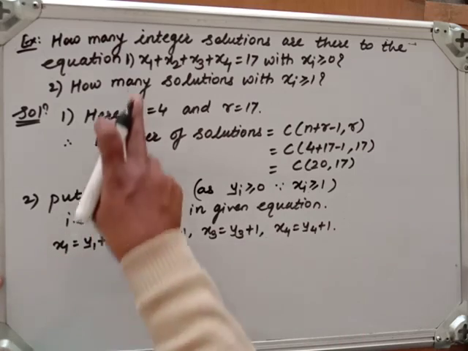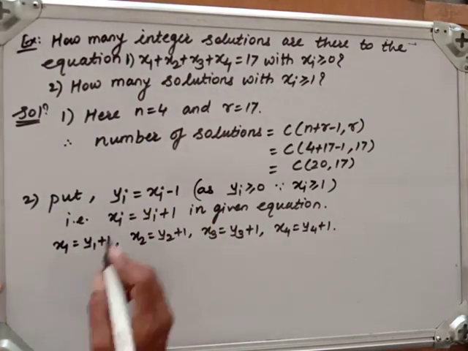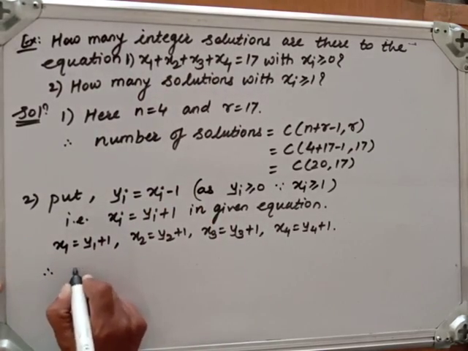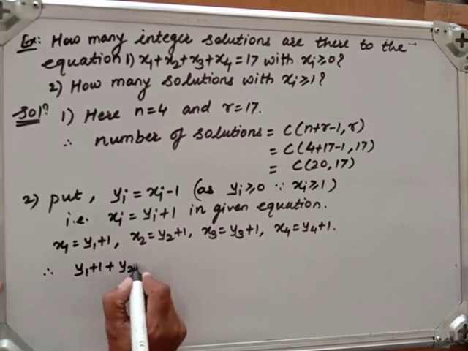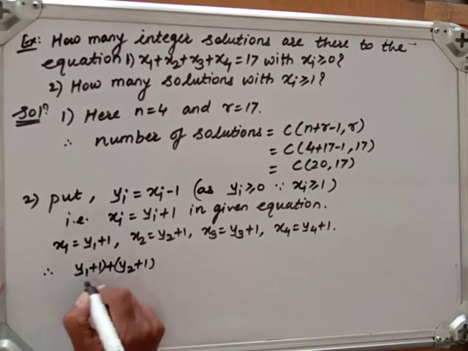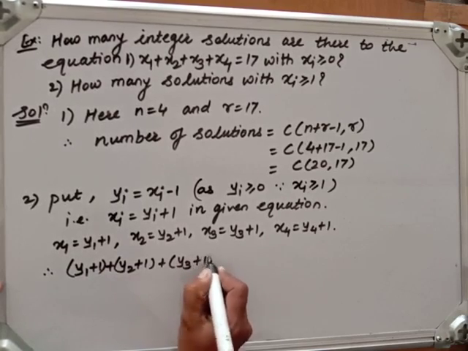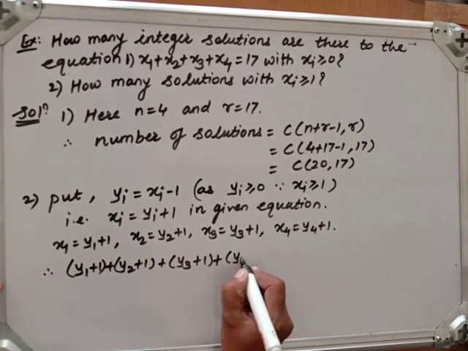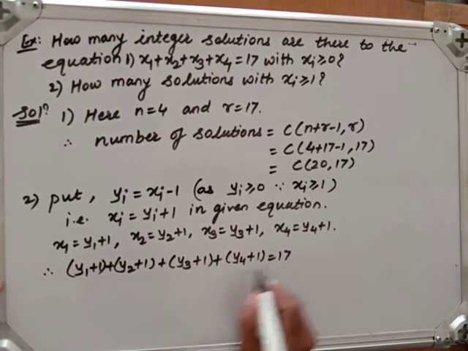So substitute x1, x2, x3 and x4 in this equation in terms of the yi's. Therefore we get y1 plus 1 plus y2 plus 1 plus y3 plus 1 plus y4 plus 1 equal to 17.